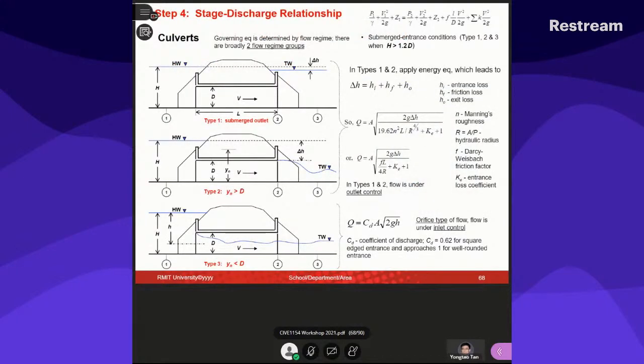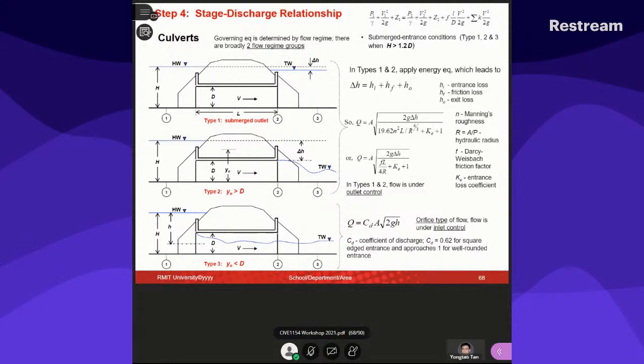So step 4 is the stage-discharge relationship. Here we need to spend a bit of time to discuss. There are three types, and this is for the submerged entrance conditions only. That means the inlet, the entrance, is submerged.